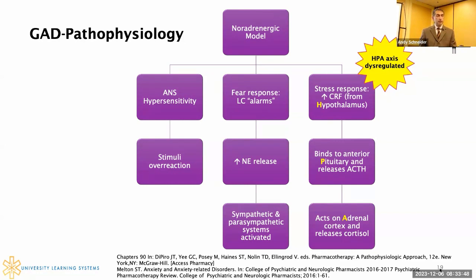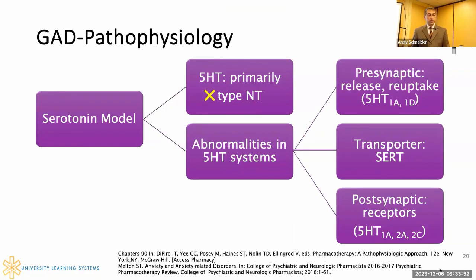It still kind of relates with your HPA dysregulation. So there is a serotonergic model that is what we mostly follow. This is kind of changing over time and evolving, but you have again a dysregulation of your serotonin transmission.